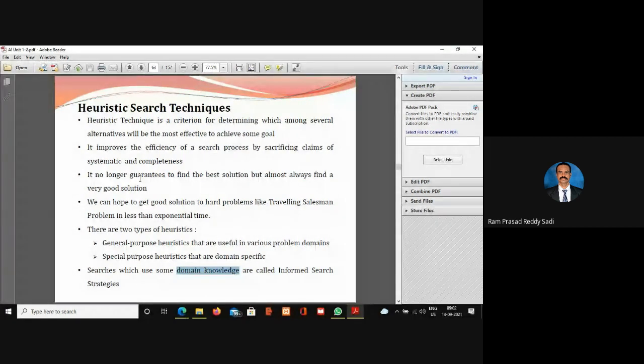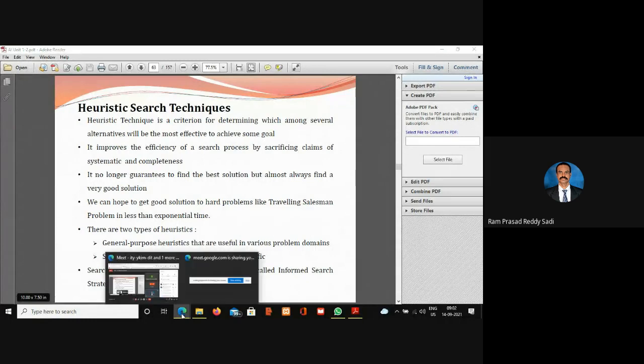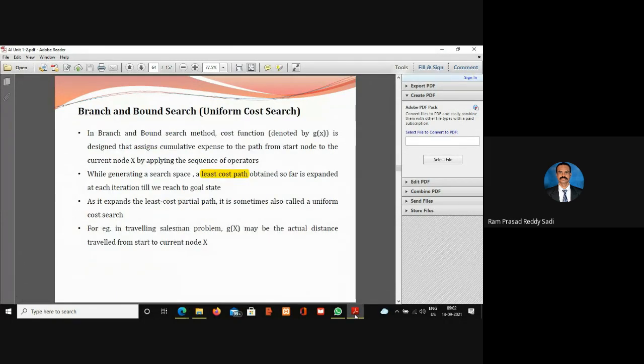In the last class, I gave an introduction to this. I'm continuing with the session. One of the well-known methods is the branch and bound search technique, which we also call the uniform cost search. In this, we use a cost function normally denoted by g(x), which specifies the least cost path.